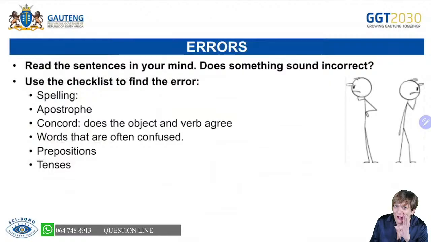Now, I'm sure I'm not allowed to tell you this, but I am going to. Be on the lookout for spelling, apostrophe, concord, remember our verb and subject, words confused, prepositions, and tenses. These are the ones we love asking. So if you know what to look out for, it's much easier.